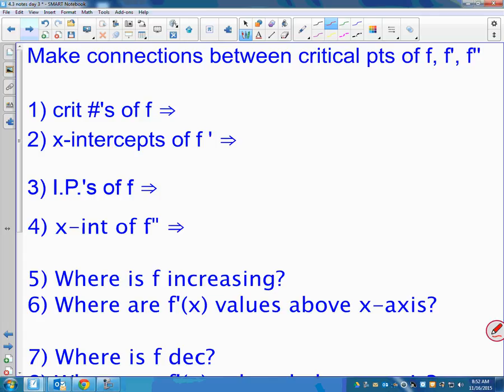So the critical points of your function, right? What do we do to find critical points? You set the derivative equal to 0 or undefined. And when you look at the graph of your derivative, where it crosses the x-axis, the x-intercept, what do you know about that?